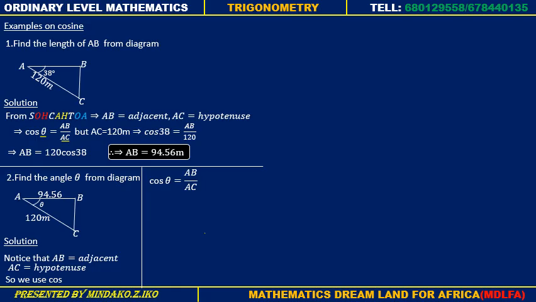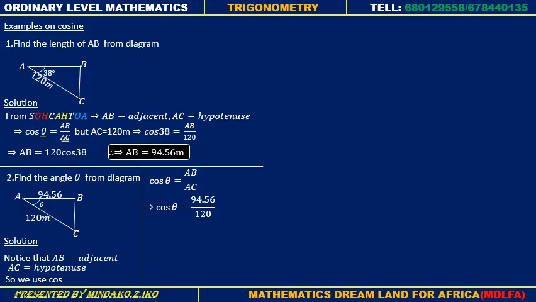You can just substitute the values. Since we are looking for the angle theta, and we know that AB is 94.56 and AC is 120, we have cos theta equals 94.56 divided by 120.